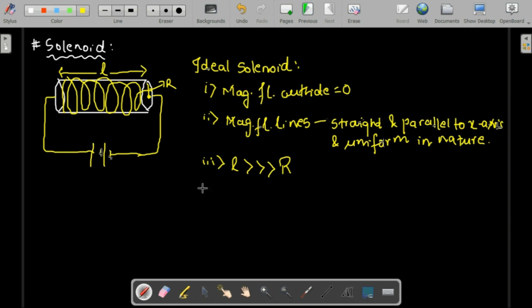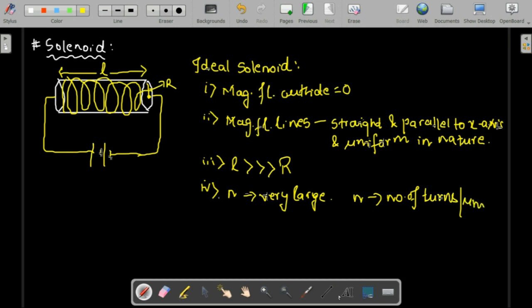Okay, and then finally, if you are having an ideal solenoid, then n is very, very large. Okay, what is n? n is the number of turns per unit length. So this has to be very large when we're considering an ideal solenoid, and that's important.